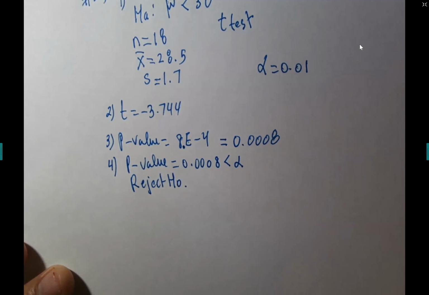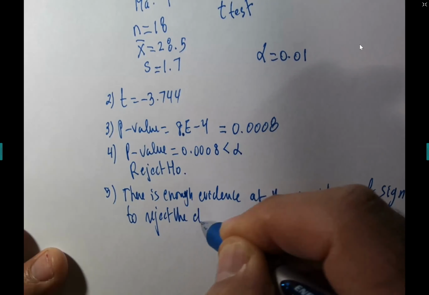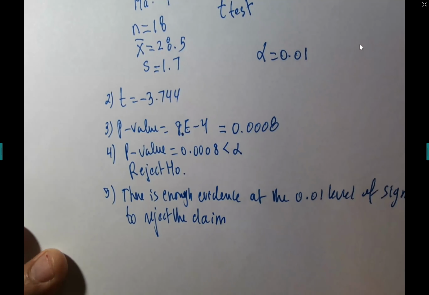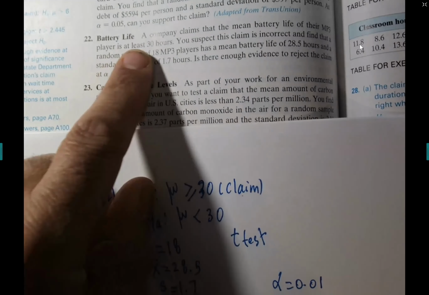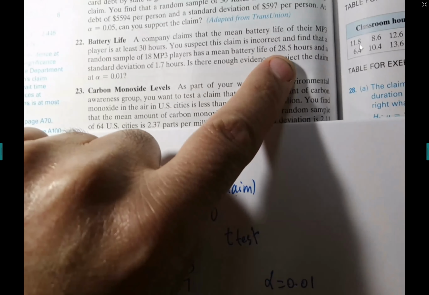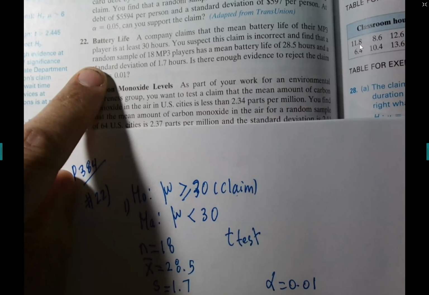Remember, the claim is in H0. So what we're gonna say here, there is enough evidence at the 0.01 level of significance to what? Reject the claim. Very good. To reject the claim. And then you can copy and paste the claim, guys, that the mean battery life of the MP3 player is at least 30 hours.